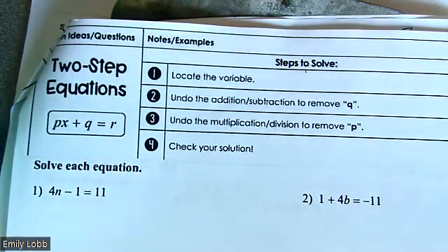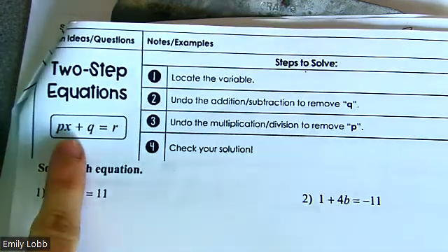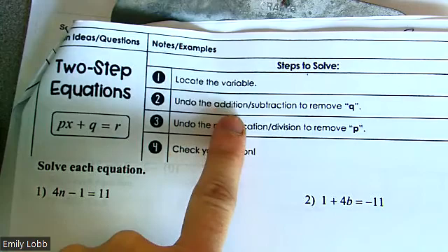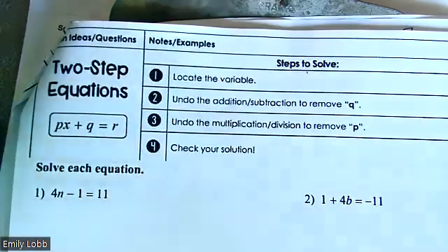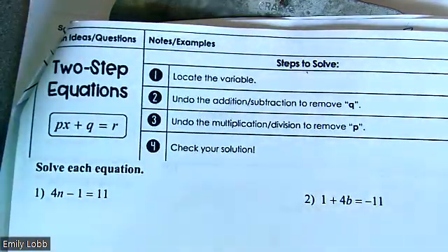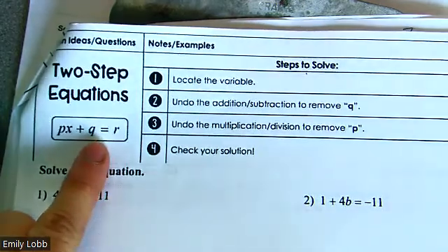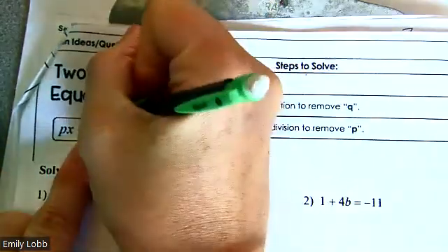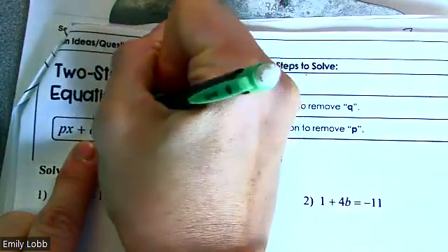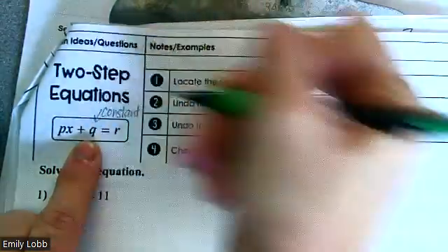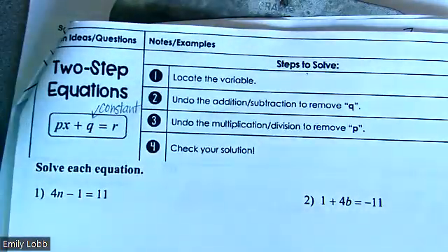But now, since we have both together, we're going to have to do both operations to undo it. So first we locate the variable. So here, our variable is x. Then we need to do the addition or subtraction to remove q. So q is what we call the constant. The constant is just a number that does not have a variable attached to it.